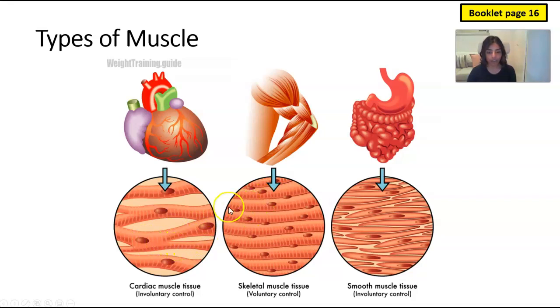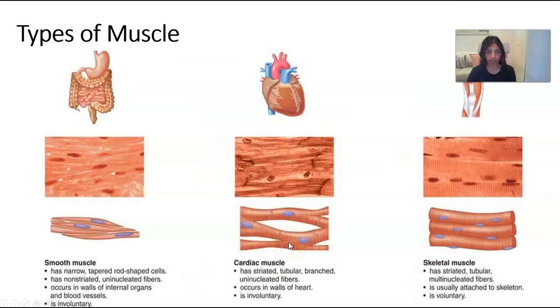With skeletal muscle, it's arranged in these long stripy tubes. And smooth muscle, which is found in the gut, is quite uniform, and it doesn't really have a distinctive appearance when you look at it under a microscope. So out of the three types of muscle, only skeletal muscle is voluntary.